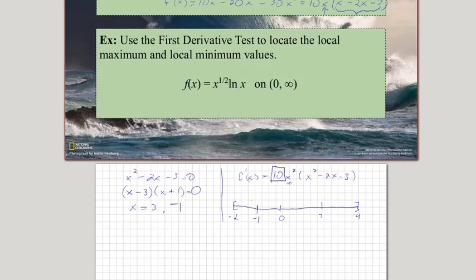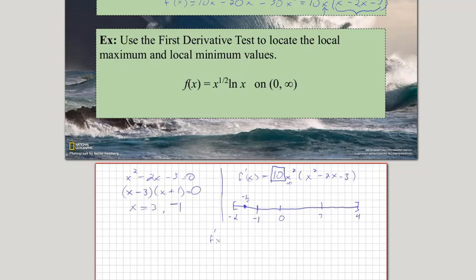Okay, so let me plug in a number that is a little bit less than negative 1. I should be even more careful because I'm over here, so let's try negative 3/2.